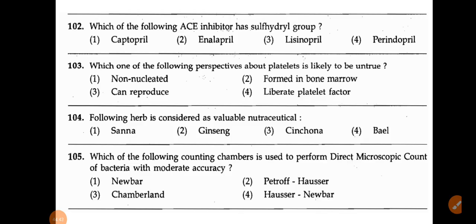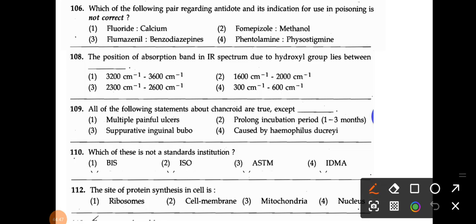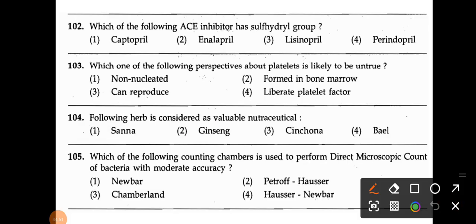So the correct answer here is captopril. Captopril contains the sulfhydryl group.